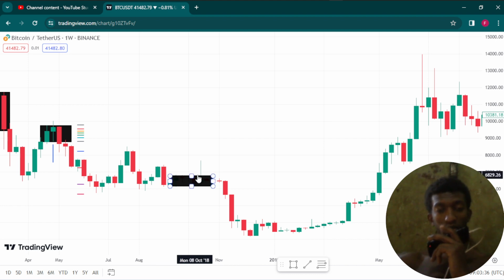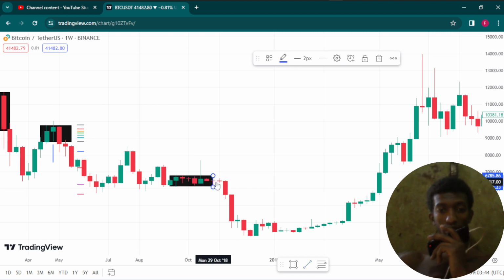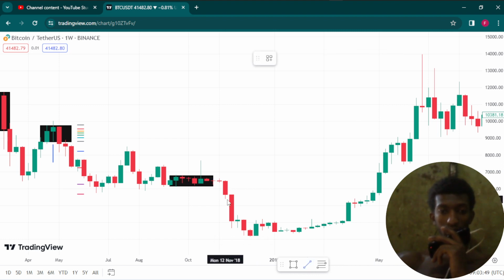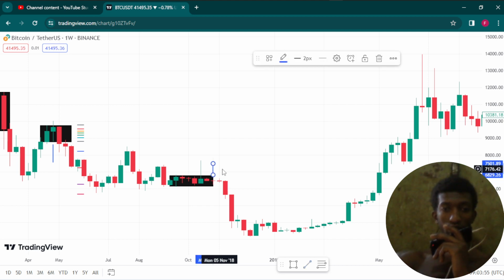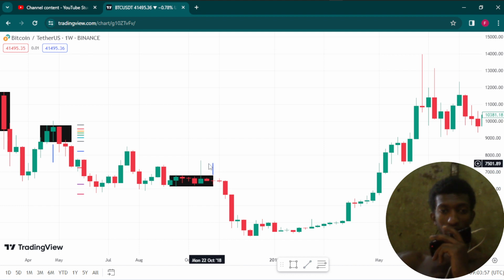As I already told you, you trade your stops, you enter a buy, you put your TP, and your 70% will be out exactly after your TP is hit. Let me draw this one right there from the high to the bottom. Measure it. As you can see, TP hit exactly at the point.